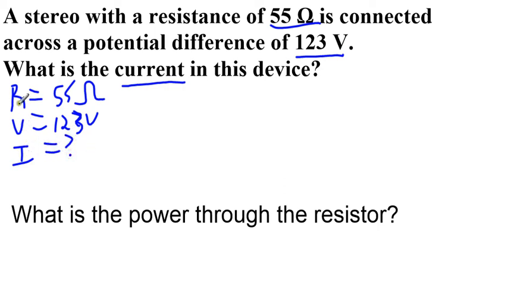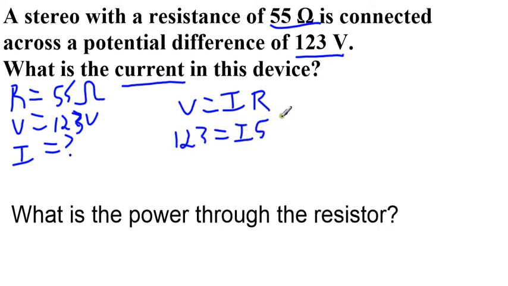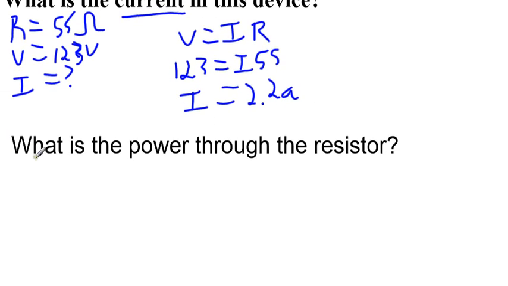So we have V, R, and I. This is Ohm's law. So we have V is equal to IR. So we have 123 is equal to I times 55. So that means our I is equal to 2.2 amps.